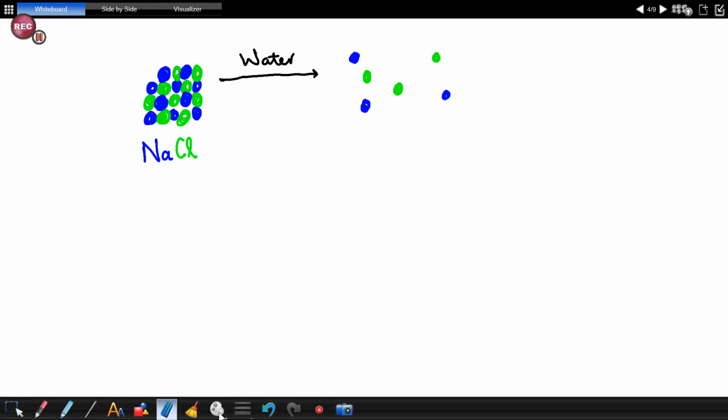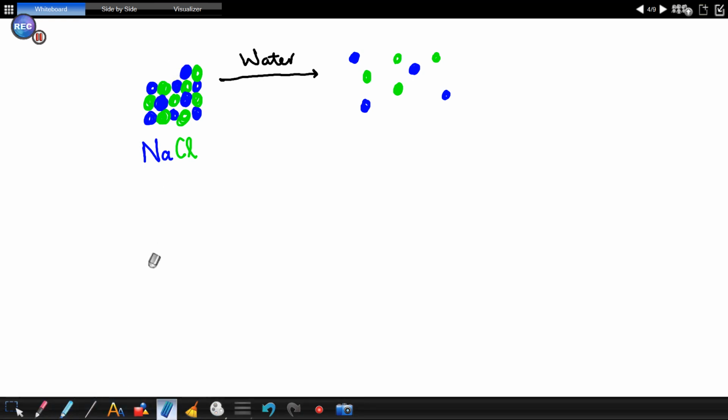You need to model that. Every time from your crystal, you take two balls, a green ball and a blue ball, and you put them into solution. So your number of green balls and blue balls that are freed up must always be equal.